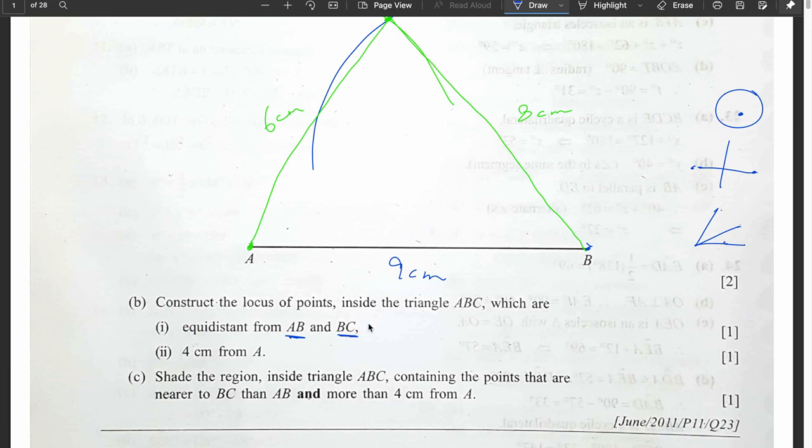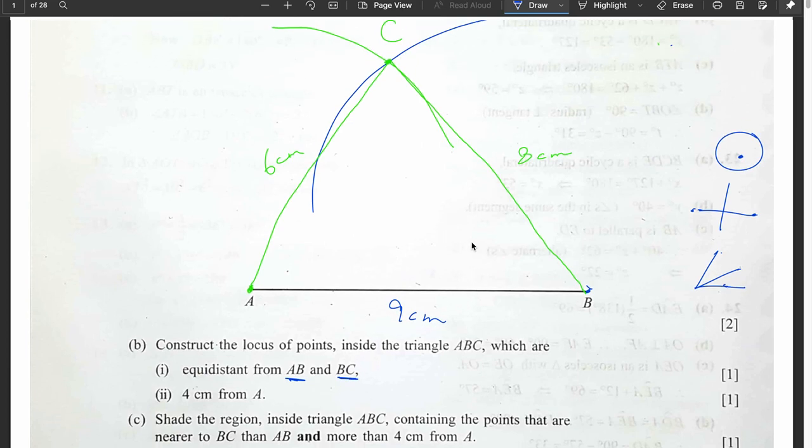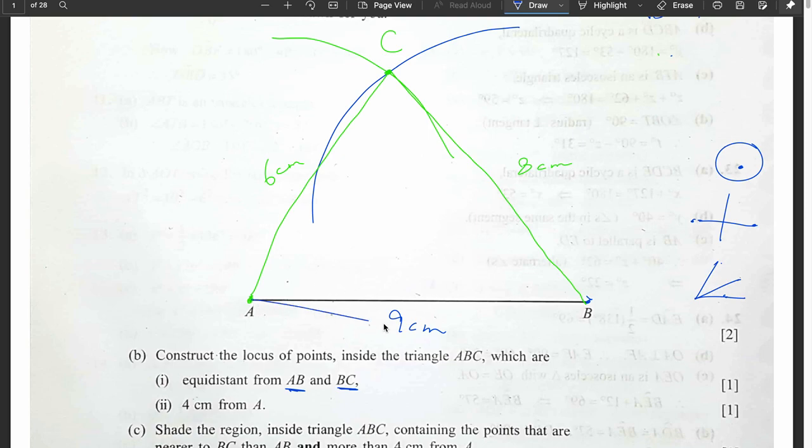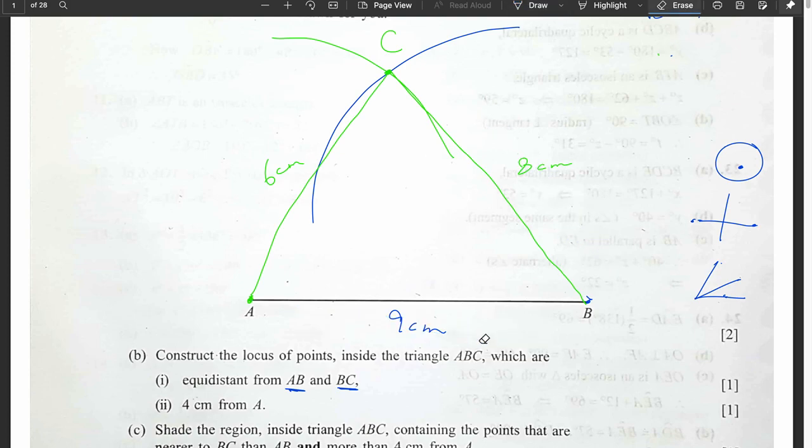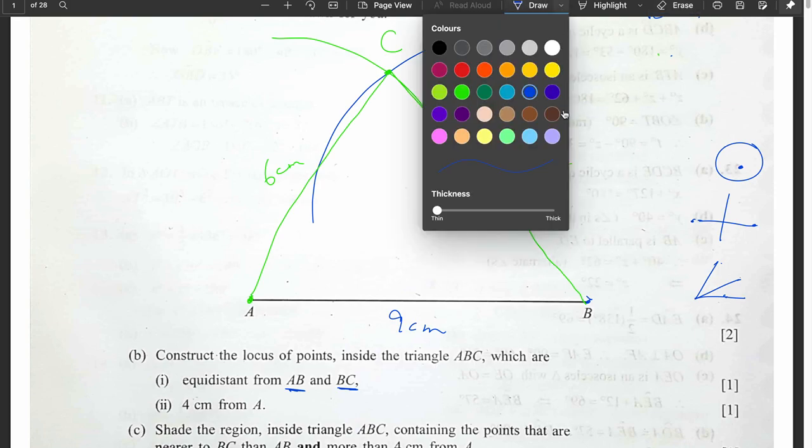Third case. So if I look at AB and BC, this is my AB side, this is my BC side. So equidistant from AB and BC is basically the angle bisector. Even if it says it is closer to AB than BC, I still need my angle bisector to decide which side I should go.